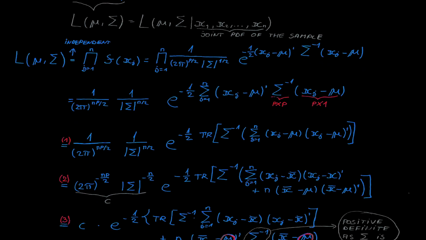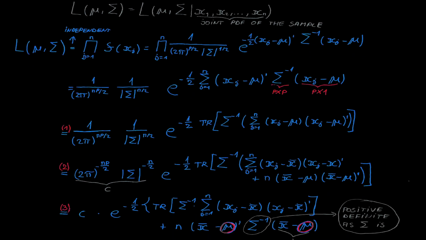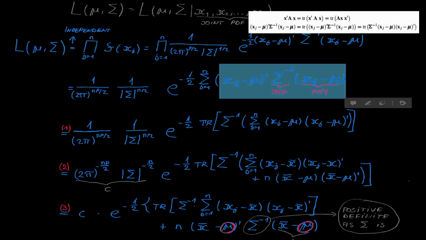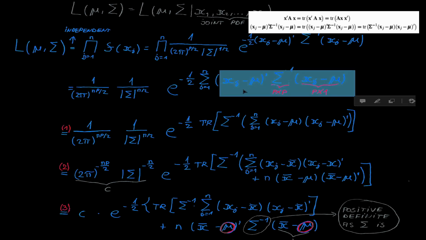In the next step, we will use something that we mentioned in the introduction class. So what we mentioned is a trace of a quadratic form. So what do we use here? Well, first we know that the quadratic form is a number. Say that this is x transposed A x.